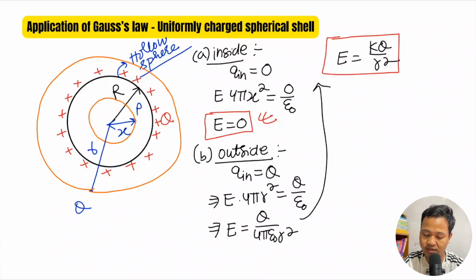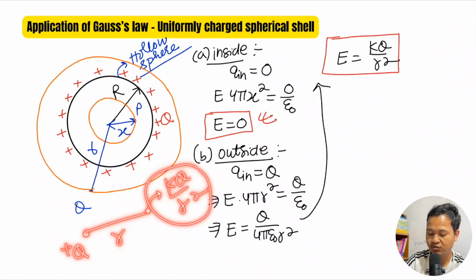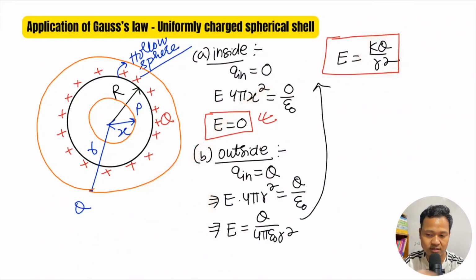Here the point charge plus Q at a distance of r has electric field K Q by r square. Compare, it is the same. The electric field due to a point charge at distance r is K Q by r square.